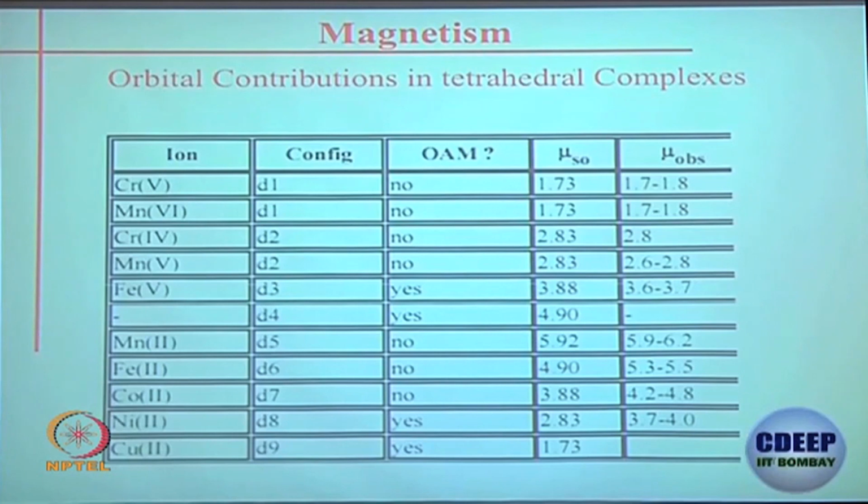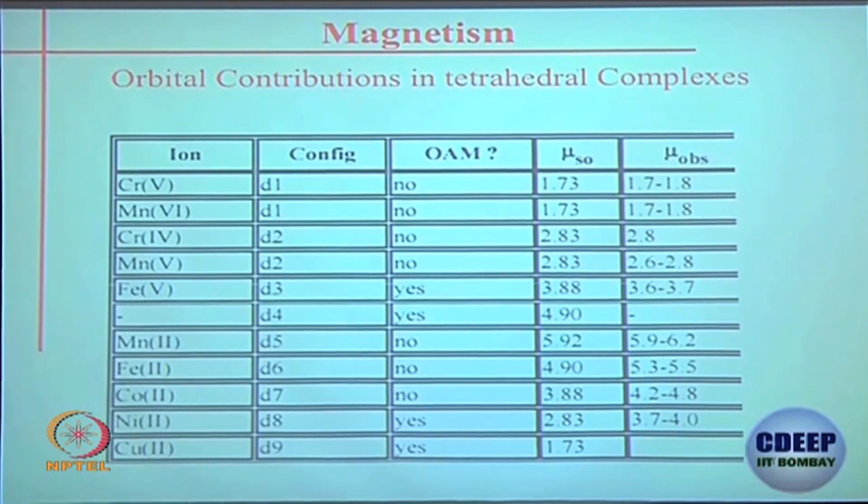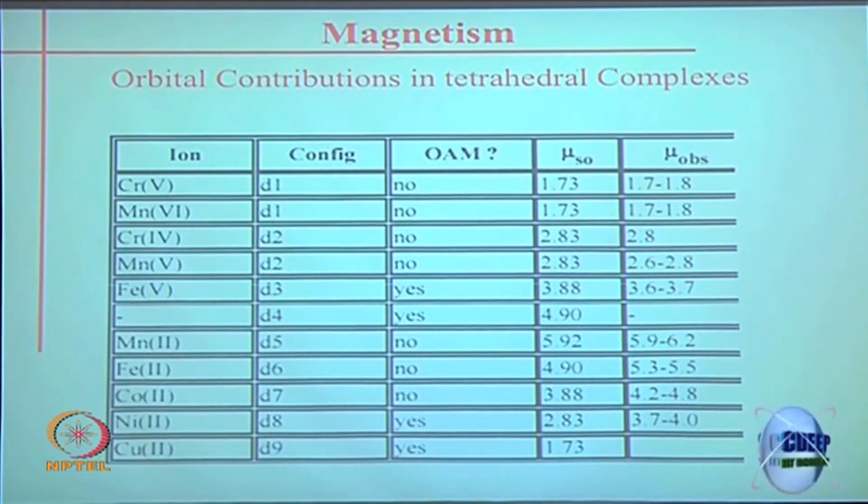Same is true here. For a tetrahedral complex, once again it is the same thing, E and T2. E configuration usually will not give you any unsymmetrical filling, so E is not going to give you orbital angular momentum, but T2 can, because E is dx2-y2 and dz2.